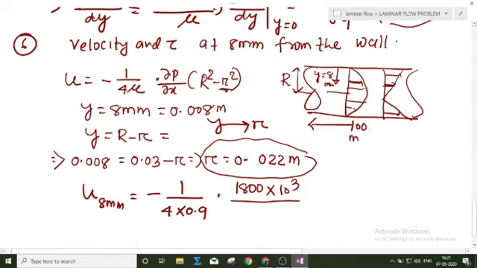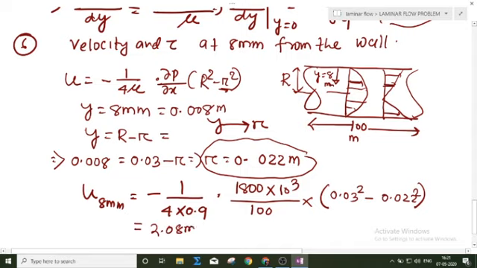Everything we are finding in 100 meter. Into R square minus r square. R is our 0.03, the diameter is 0.06 given to you, square, minus r square 0.022. So what is the velocity we are getting from here? We are getting 2.08 meter per second. This is velocity at 8 mm.